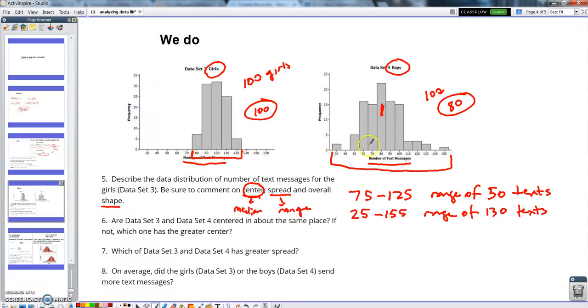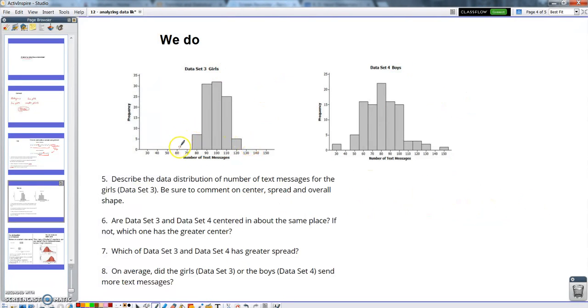And so shape, they both, with histograms, you can kind of look at a pattern. They're both shaped kind of like this. They're lower, and then they get higher, and then they get lower again. Lower, higher, lower.